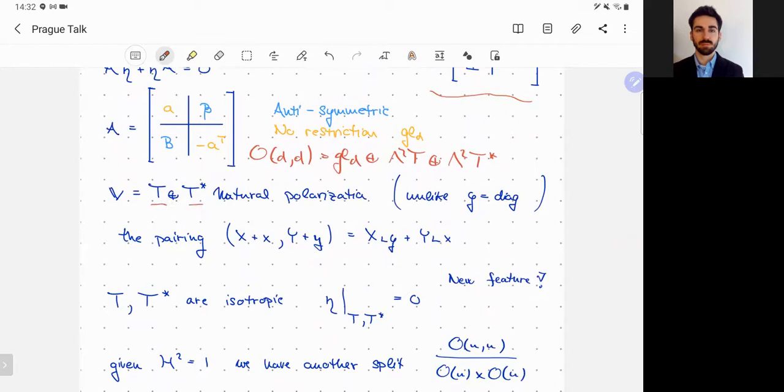Upon associating to that a principal bundle, they will really play the role of TM plus T star M, and GL(d) will just act on them as you would expect. There will be exactly those diffeomorphisms transforming the vectors and forms as you would all do.